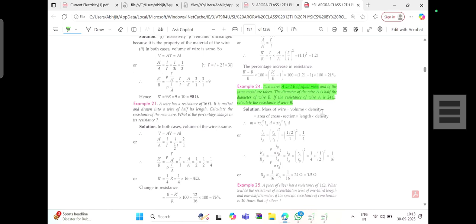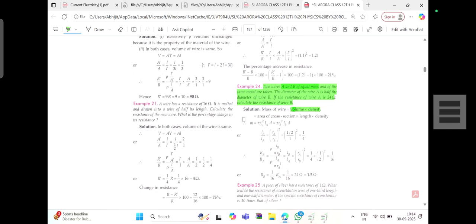A and B are of equal mass, and the mass of the wire is equal to volume into density. I have already told you this concept in your class, that mass is volume into density, and you have already done it in class 9th physics.